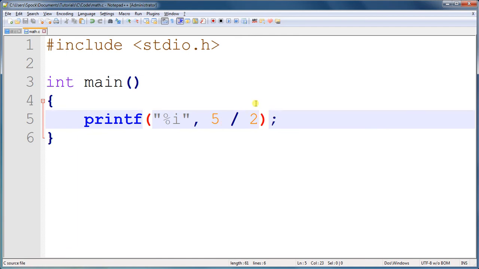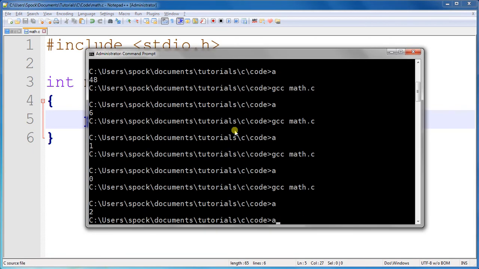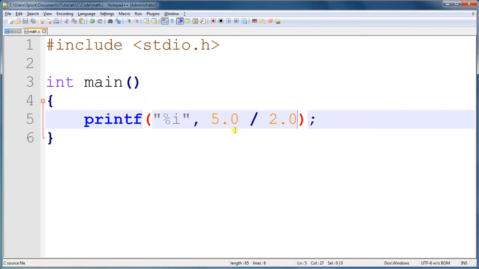Now, if you're using double numbers, decimal numbers, you don't have that problem. For example, 5.0 divided by 2.0. See, I did make a mistake here. These are double decimal numbers, and they're going to give a result that's a decimal number.